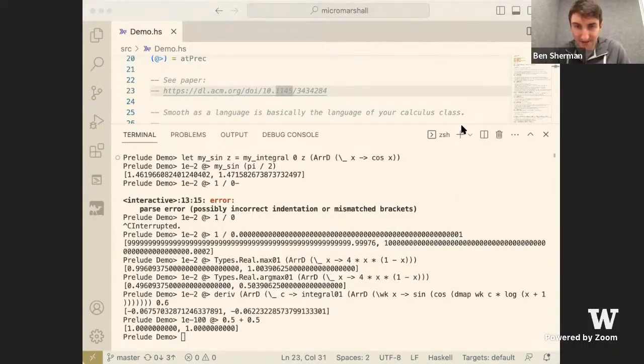Sam asked, how is this different from Titanic, the FPCore evaluator? Is there any MPFR under the hood? Yes, there is MPFR under the hood for a lot of the basic arithmetic. I do not know what Titanic is. I have a question.